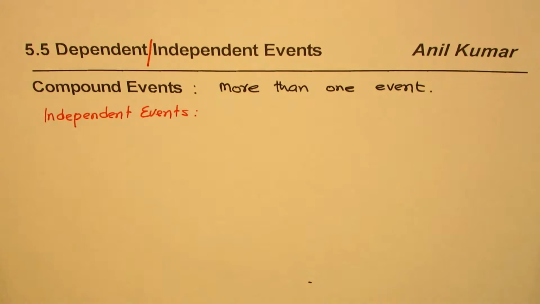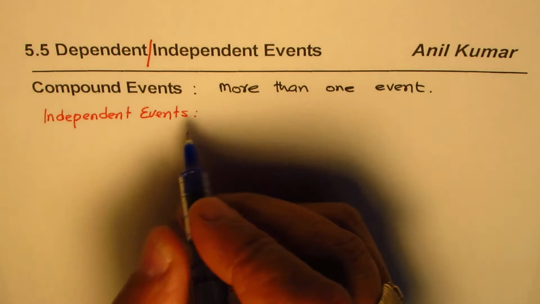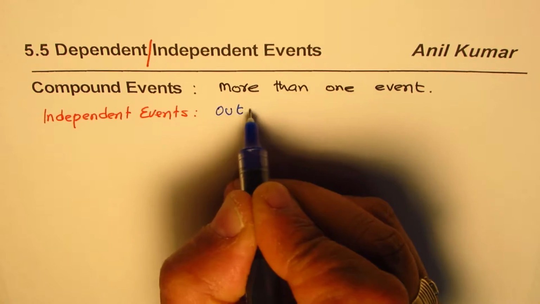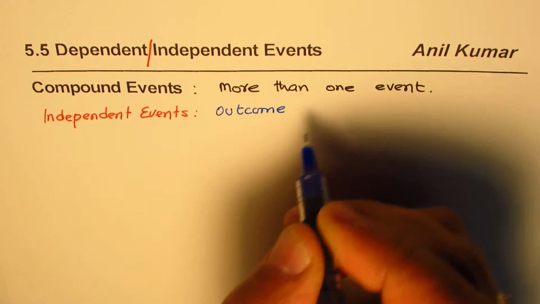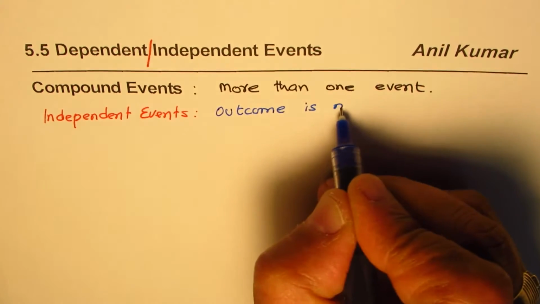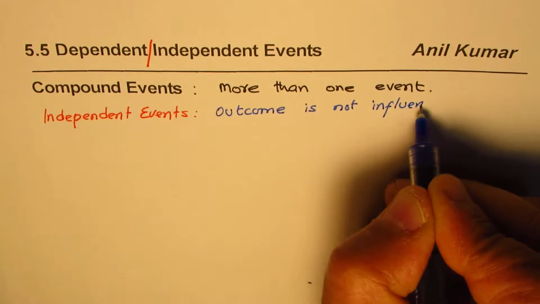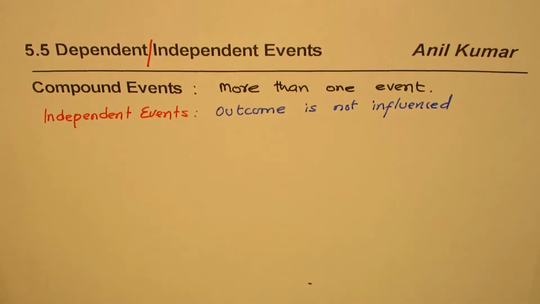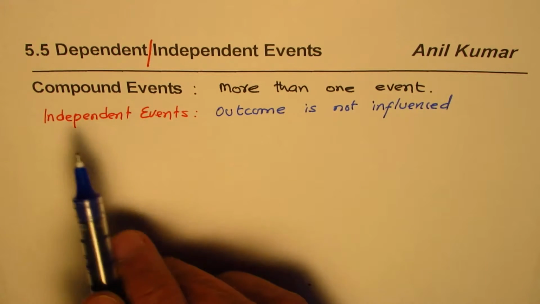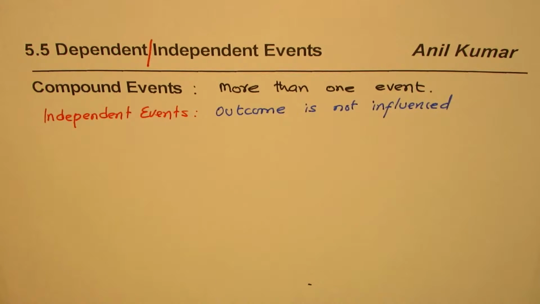These are events where the outcome does not depend directly on the outcome of another, so the outcome is not influenced, right? That is, the outcome of one event is not really affecting the outcome of the other. Then we say it is an independent event.